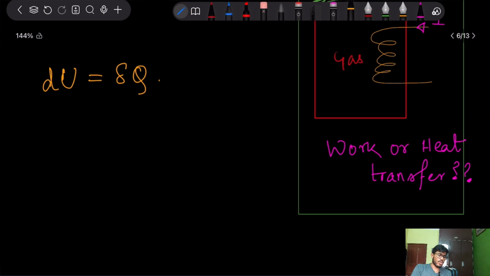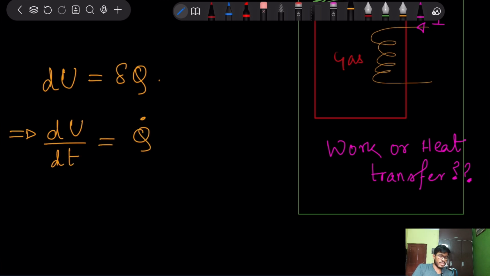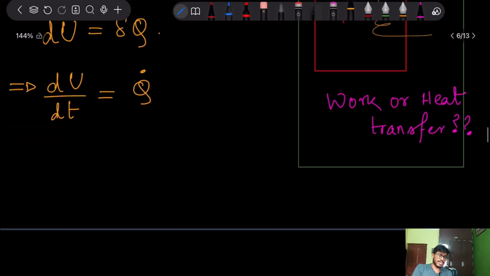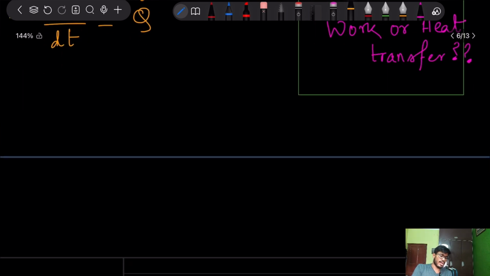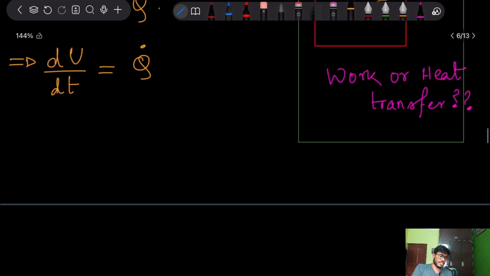And if you consider a finite system, then I can write du dt is equal to q dot, that is the rate of heat transfer is equal to the change in the internal energy, neglecting any work transfer.